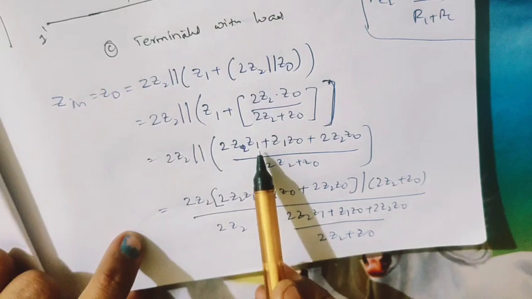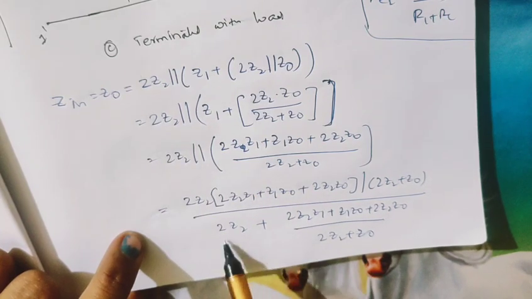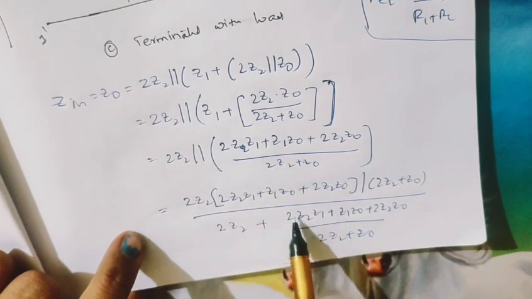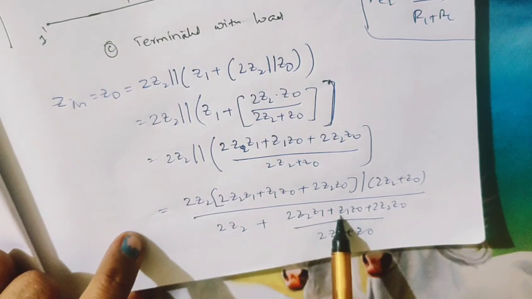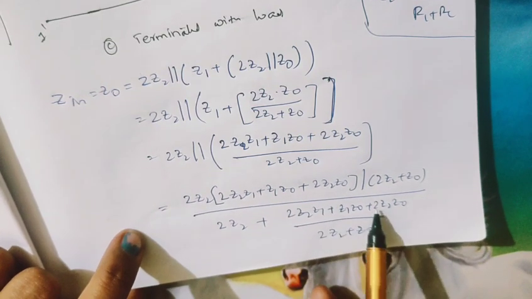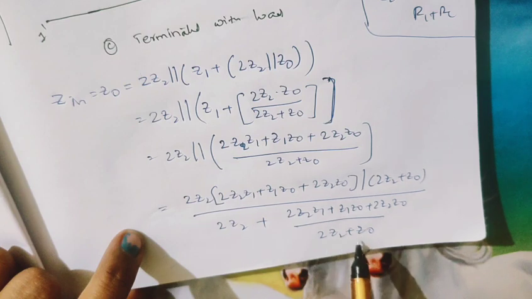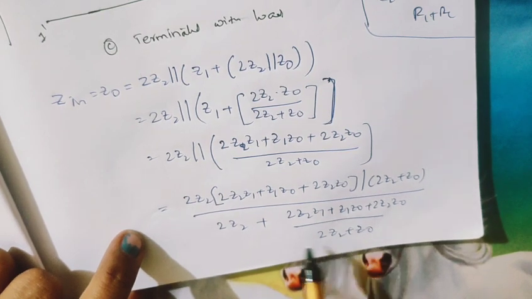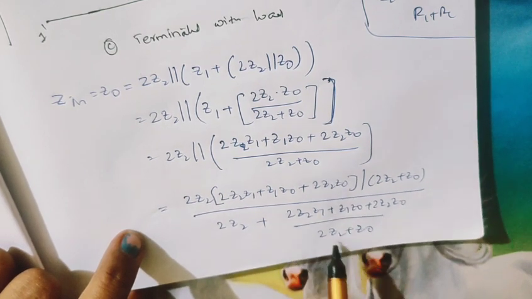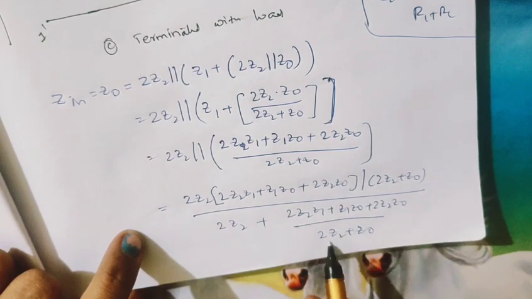So it will become 2Z2 plus this entire term (2Z2 Z1 plus Z1 Z0 plus 2Z2 Z0) by (2Z2 plus Z0). Now here we have to take down the LCM and cancel out these terms.